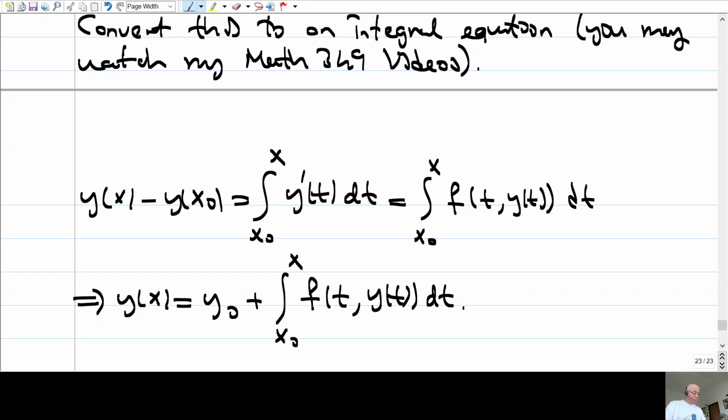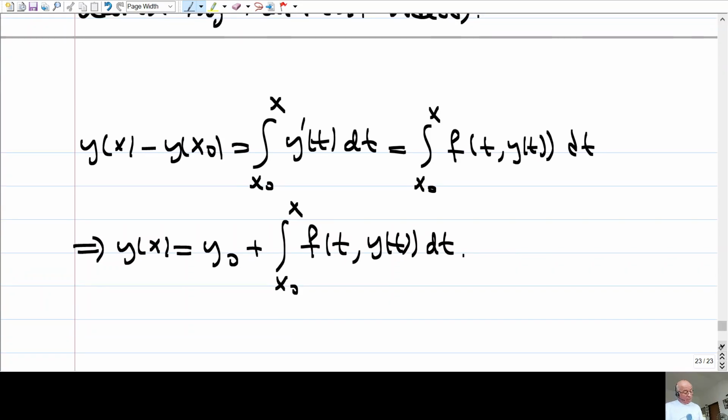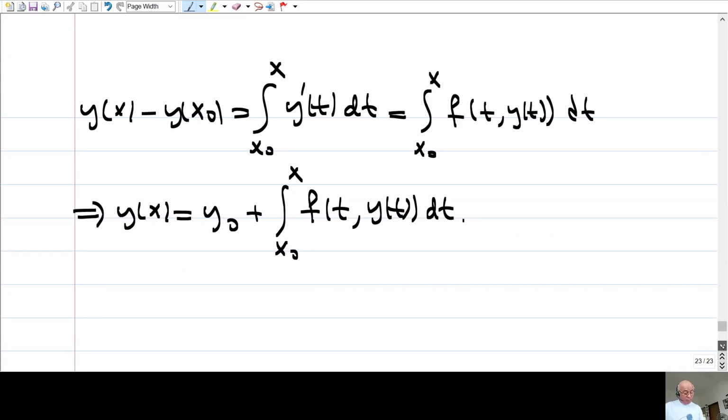And if you take the derivative of this with respect to x, you will get back to the original differential equation. So this integral equation is equivalent to our initial value problem.